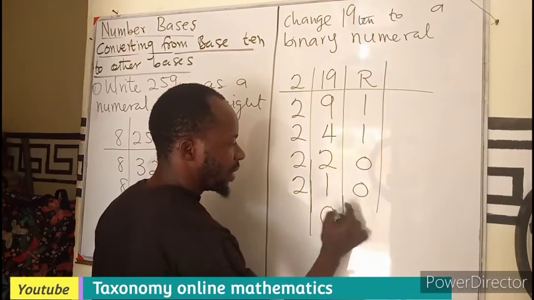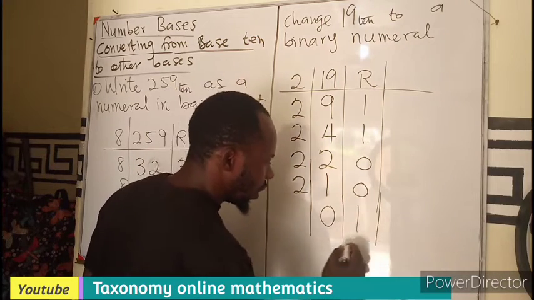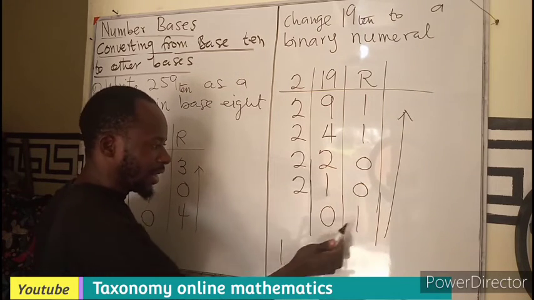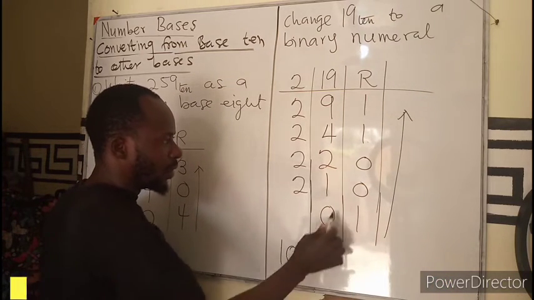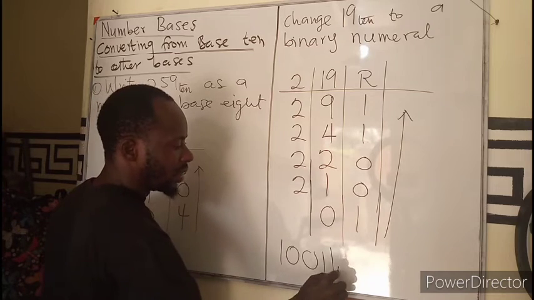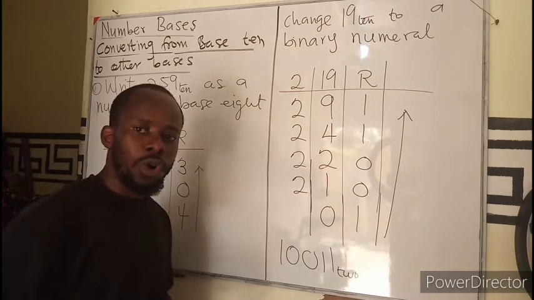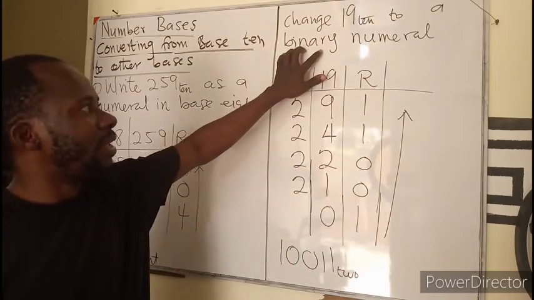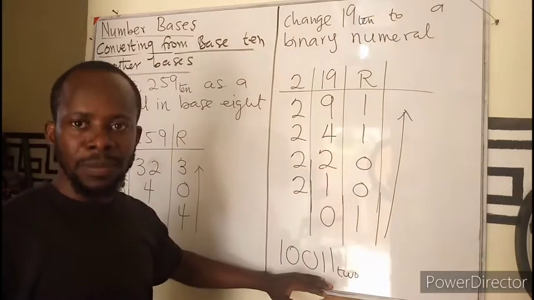So we have the remainder to be 1. So in this case, we are writing our answer as 1 0 0 1 1 base 2. Conversion of 19 base 10 to a number in base 2 will produce this.